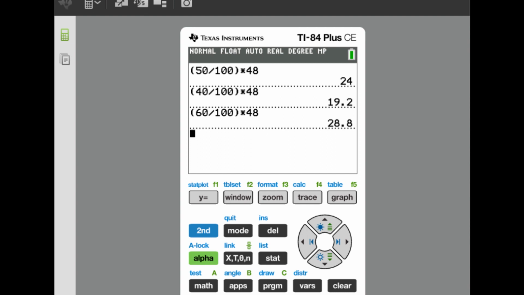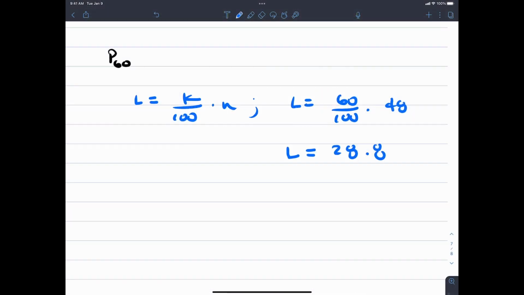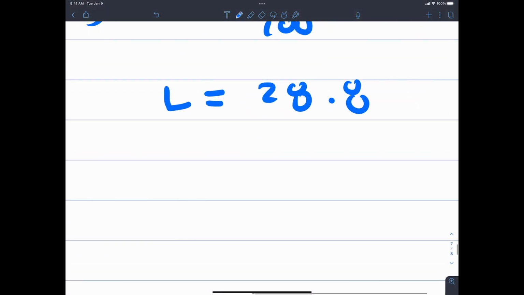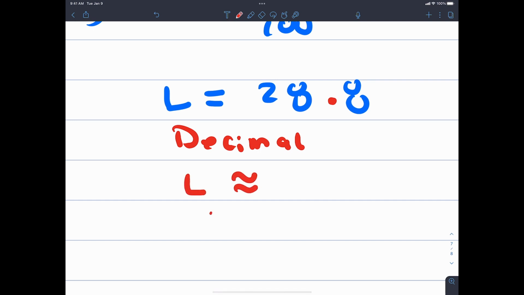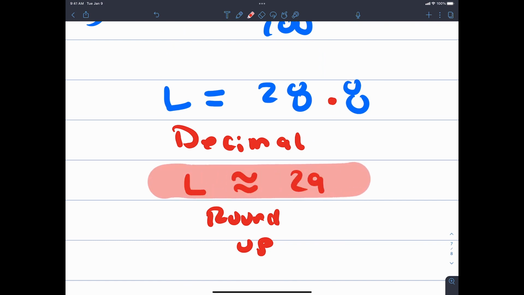Is that true? Okay. This is a decimal. What do you do when it's a decimal? You round up to the next whole number. What's the next whole number? 29. So you're going to have to look for the 29th data value in the sorted list.